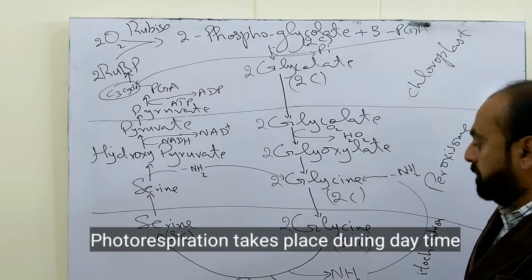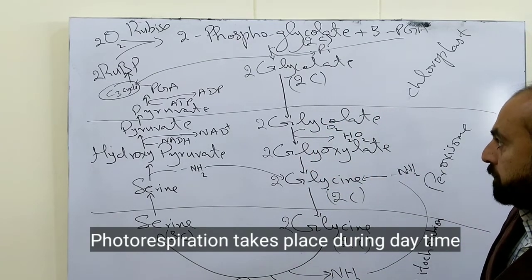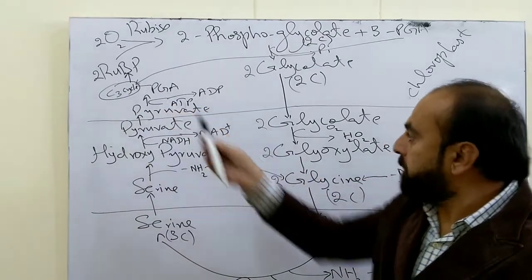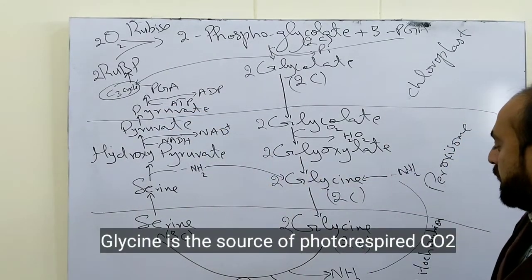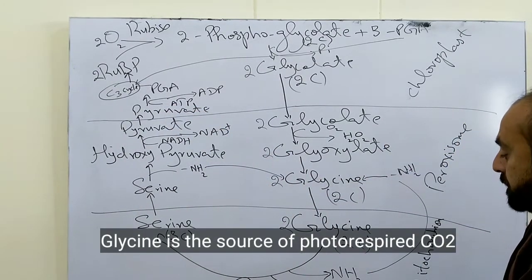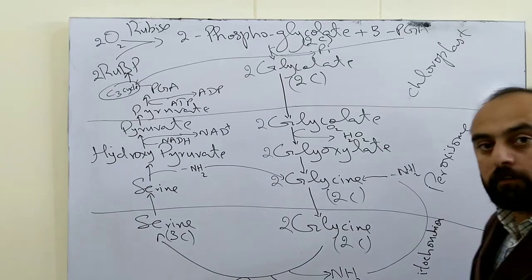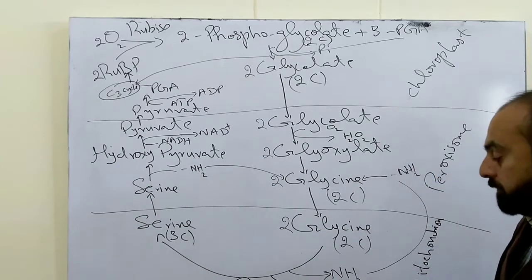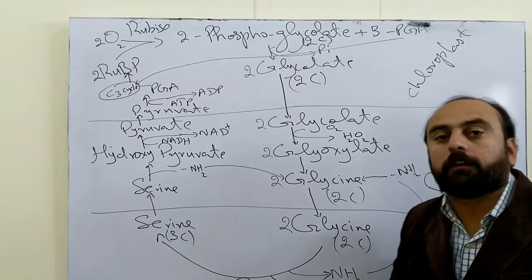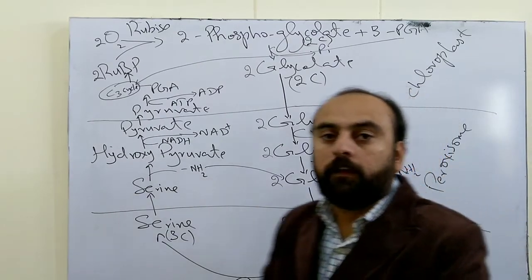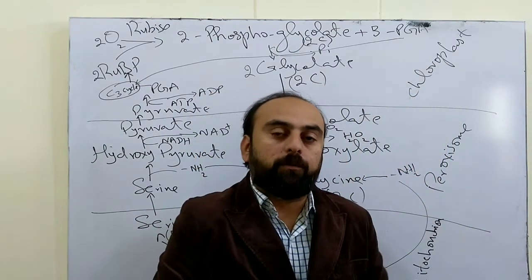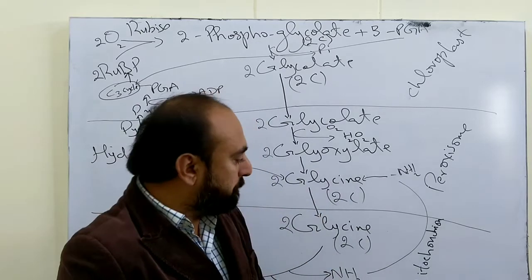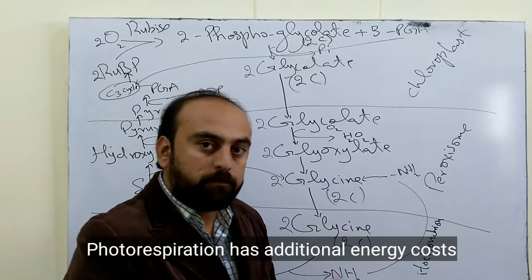So 2 additional ATP are required, and 1 carbon dioxide that was fixed is also lost in this process. And you learned in the Calvin cycle that to fix 1 molecule of carbon dioxide we need 3 ATP and 2 NADPH.